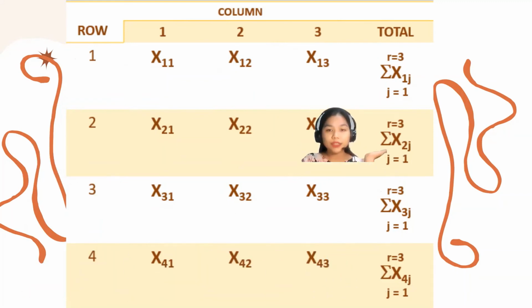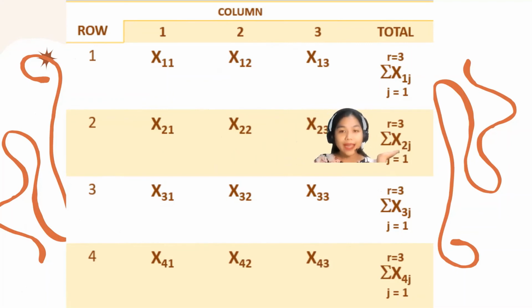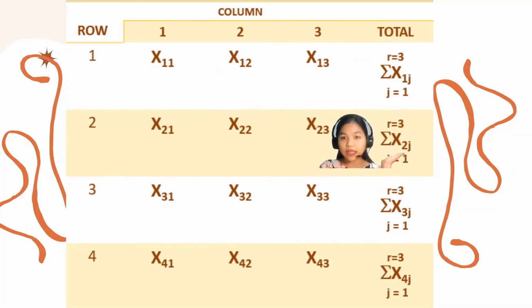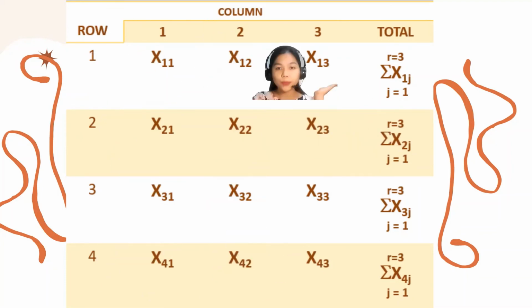So notice for this one, since this is the second row, of course, our X would always start with our I having the value 2. Right? Because this is I, second row. So Xij, X2J. Then J starts from 1, the first column, and 3, the last column. So 1, 2, and 3.